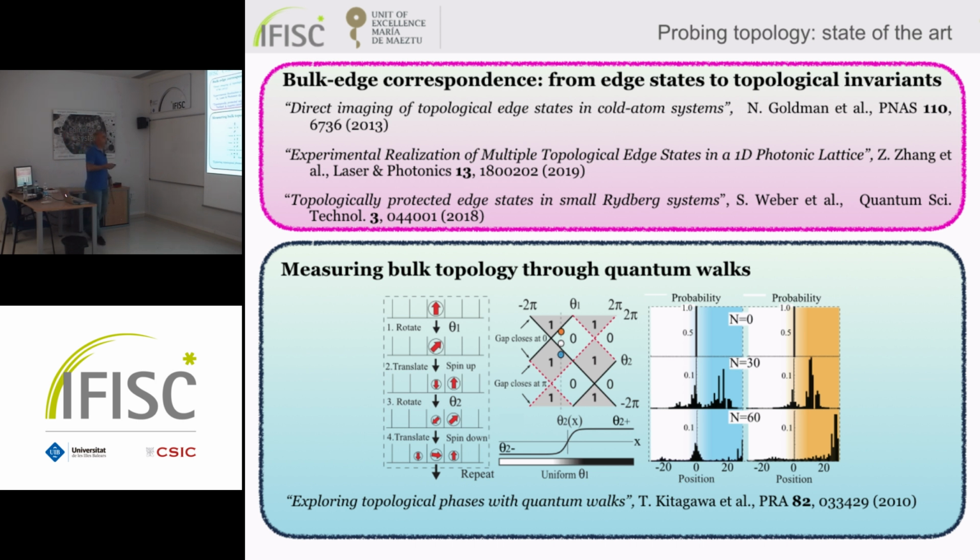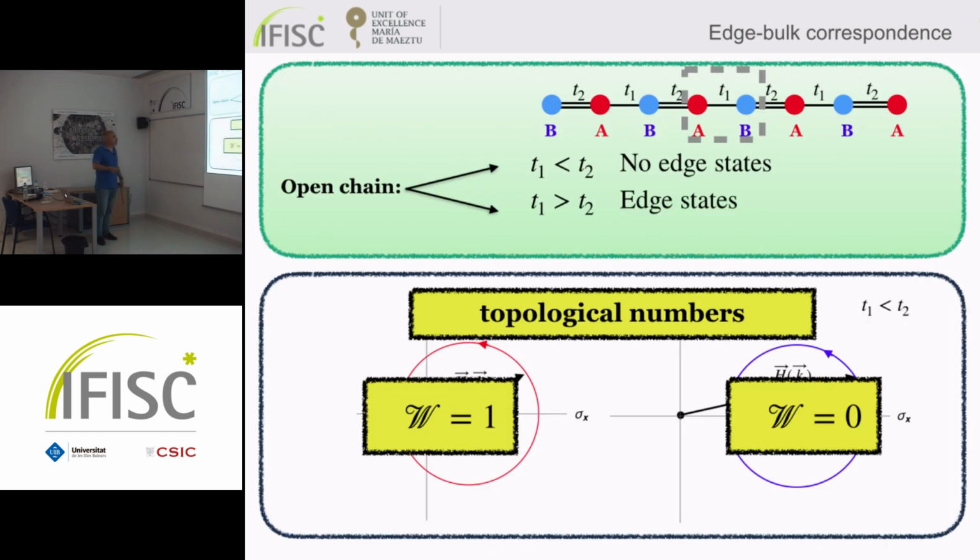In order to find the value of this number, you can just count the number of edge states. So you exploit the bulk-edge correspondence to determine the bulk topological numbers by counting the number of edge states.